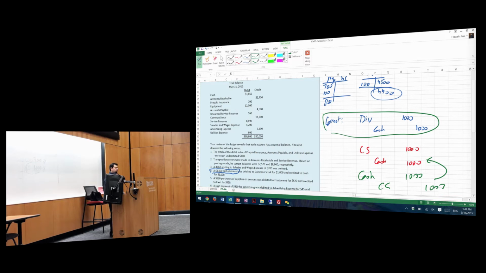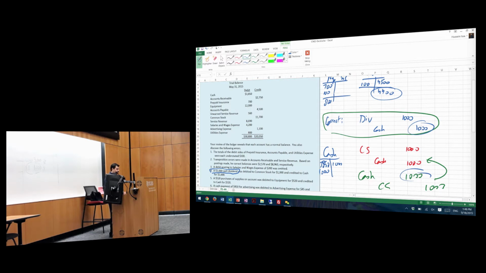So in this case, what do we have? How do you now fix the balance? Let's go back to cash. We had cash. It had the balance of 3,850. What did we do here? We debited cash 1,000, right? And then we credited cash 1,000.